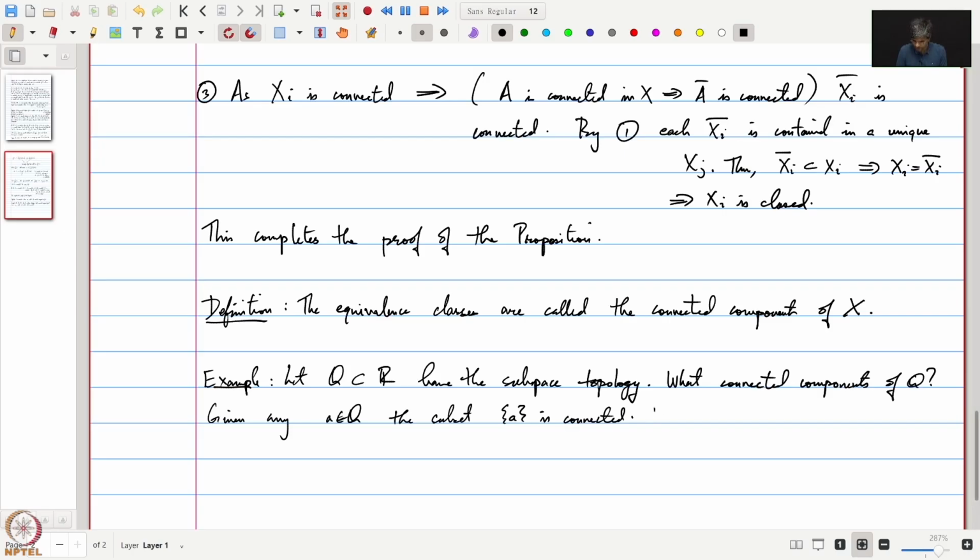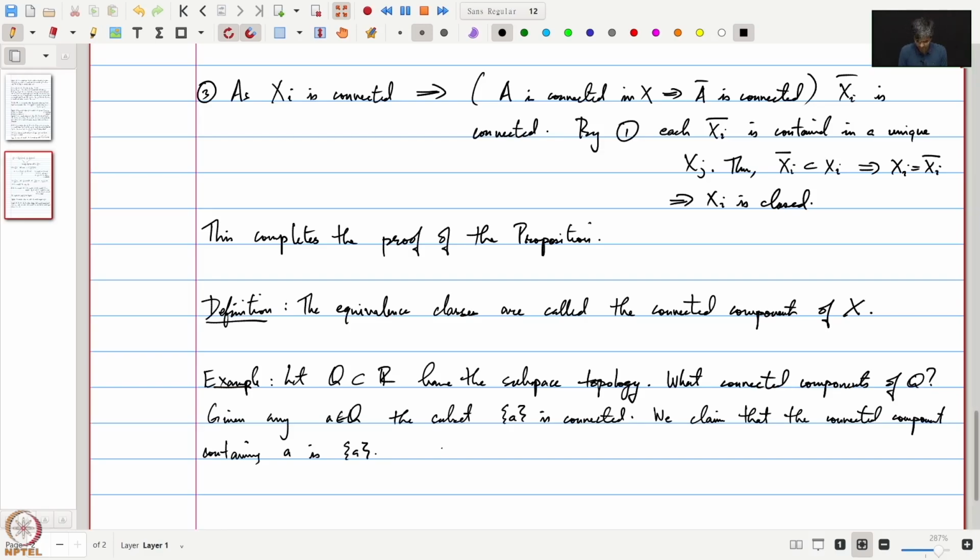Now we claim that the connected component containing A is just this set A, right? Why is that?